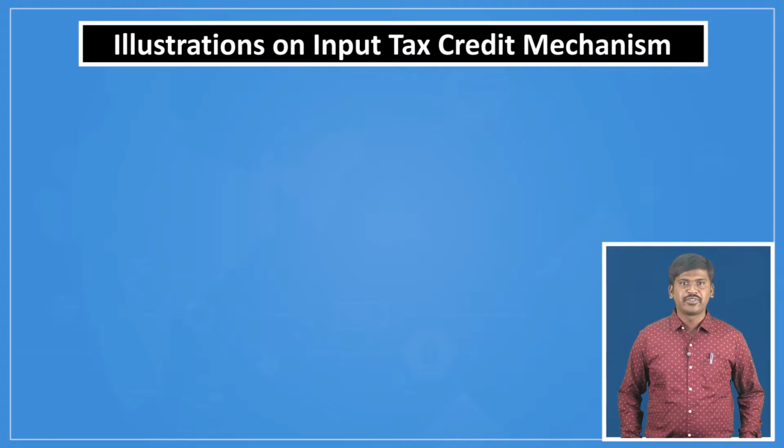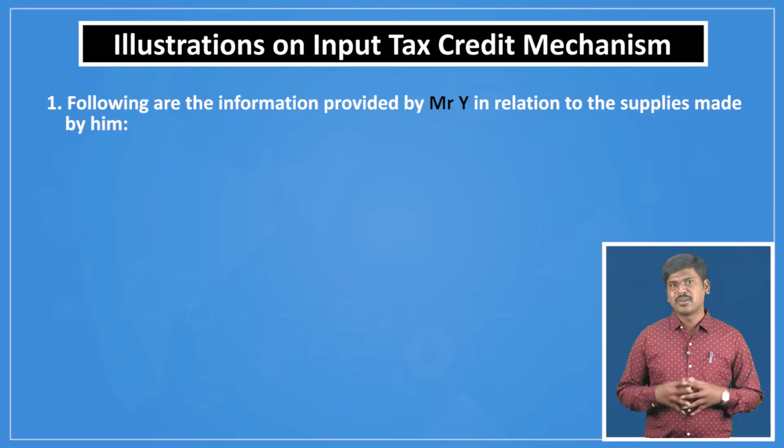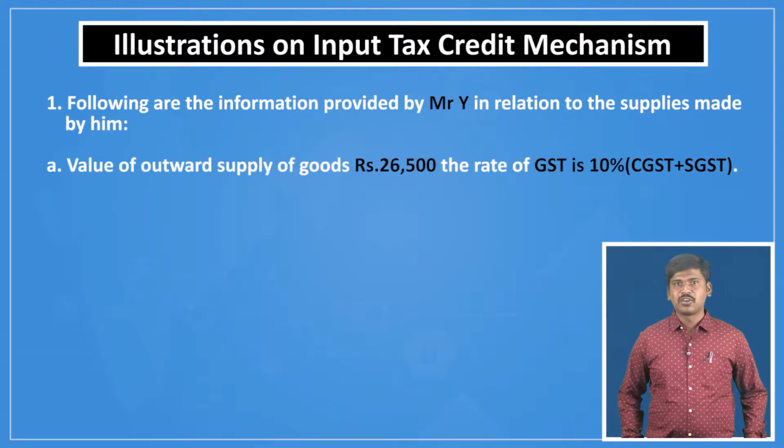Illustration number 1. Following is the information provided by Mr. Y in relation to the supplies made by him. Number 1. Value of outward supply of goods rupees 26,500. The rate of GST is 10%, that includes both CGST plus SGST.